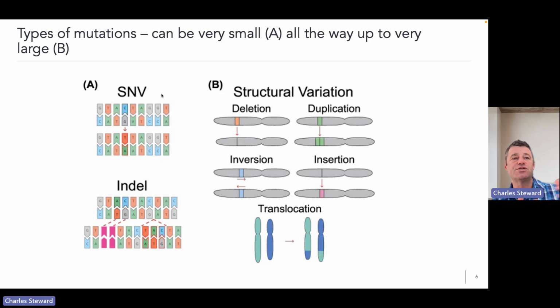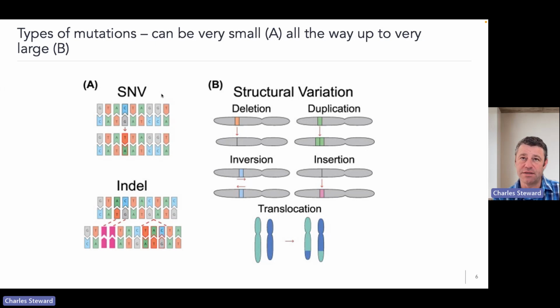Likewise, those are the small variants, and then we can have really, really large variants, where we see either the whole chromosome deleted or copied, or just large sections of the chromosome.